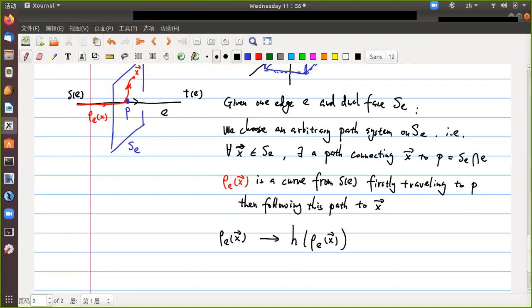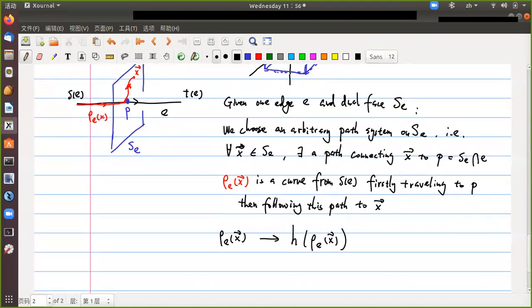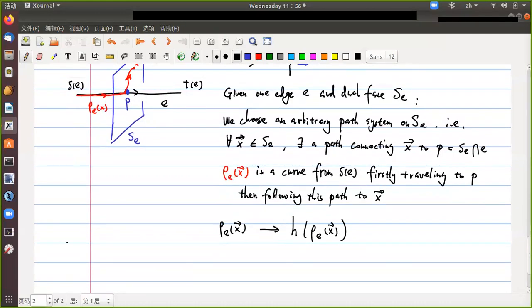Okay, and then with this setup, we can write our gauge covariant flux, capital P^j_E.